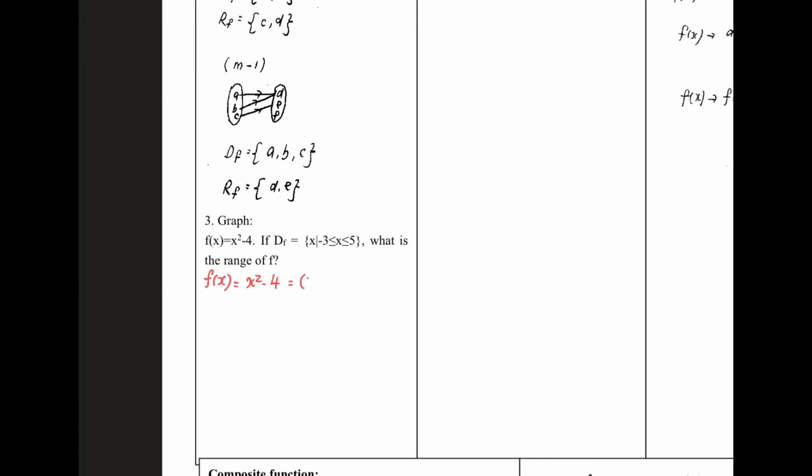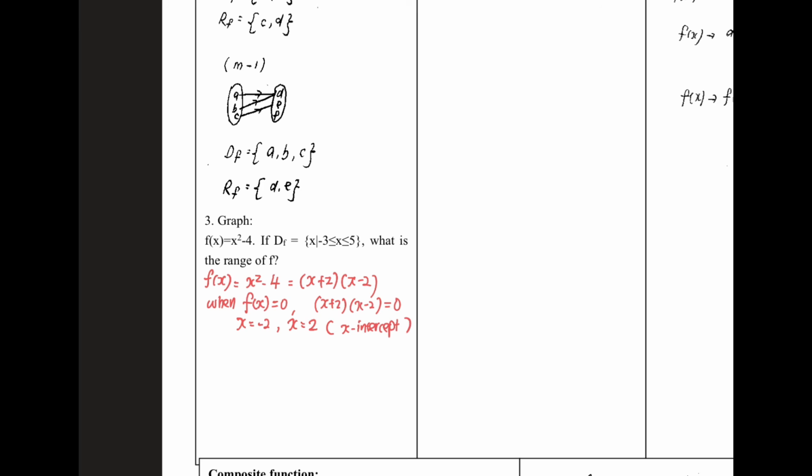We factorize it to (x plus 2)(x minus 2), and then to find x-intercept, we let f(x) equal to 0. So (x plus 2)(x minus 2) equal to 0, x is equal to minus 2, x is equal to 2. These are the x-intercepts.